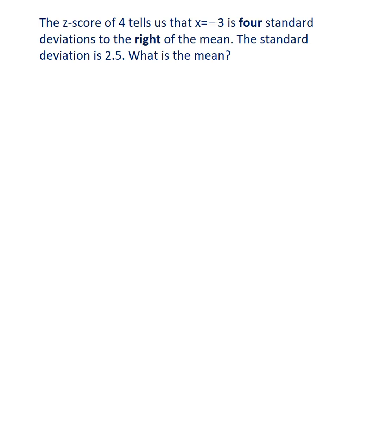So they're basically asking us for the mean, as in the mu, because what we have is the z-score. They gave us sigma to be 2.5, x is -3, and z-score is 4, right?